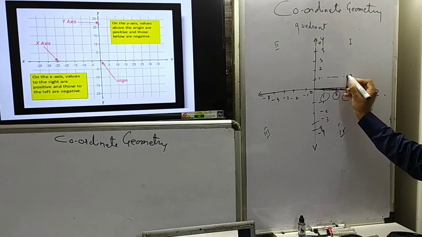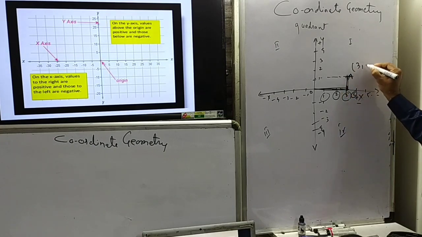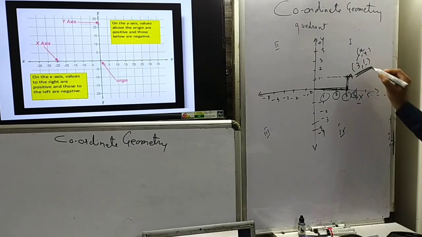This is the location of point A, and point A is (3, 1). 3 is the distance on the x-axis, and 1 is on the y-axis, and this is called an ordered pair. (3, 1) is called an ordered pair.